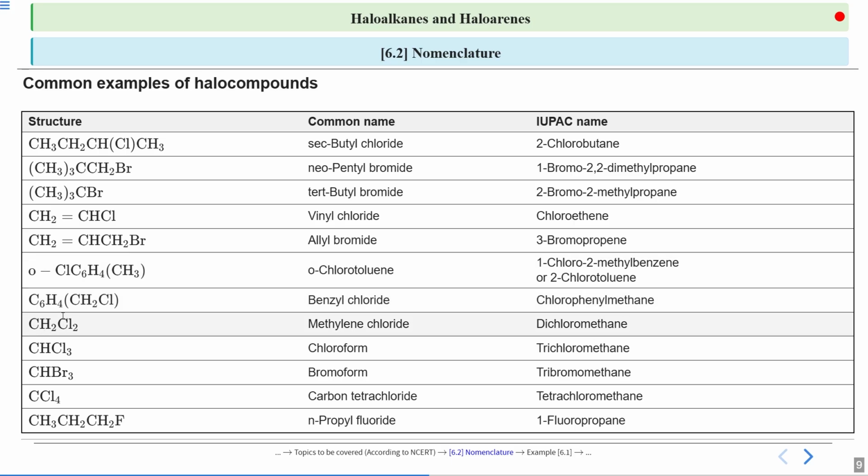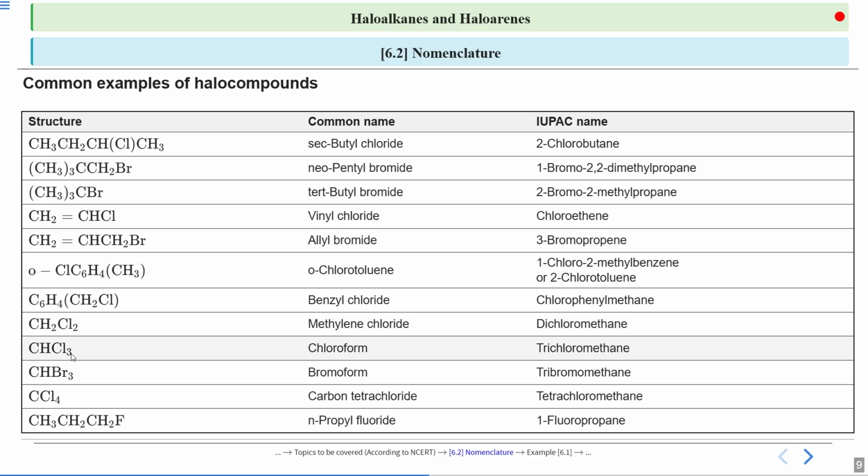Next structure is CH2Cl2. The common name is methylene chloride. The IUPAC name is dichloromethane. Remember, we have just studied dihalo compounds. This is the dihalo compound CH2Cl2, where two chlorines are present on the same carbon, so we write its name as alkylene chloride: methylene chloride, and the IUPAC name is dichloromethane.